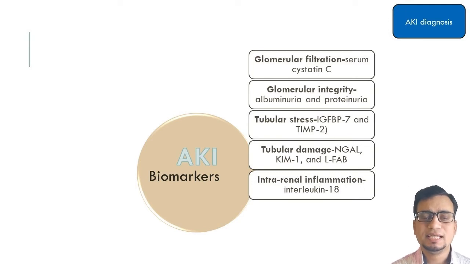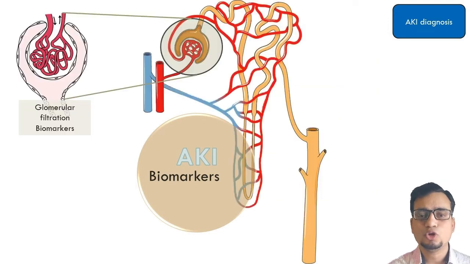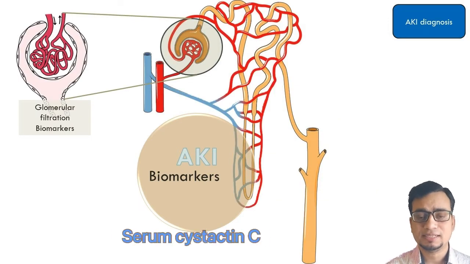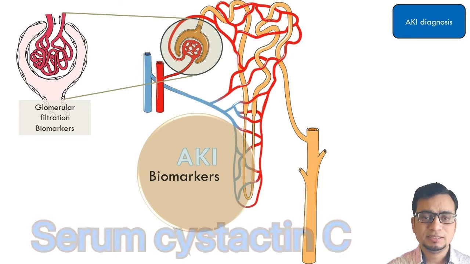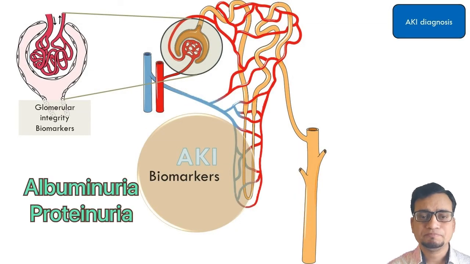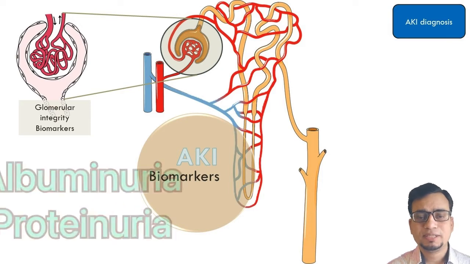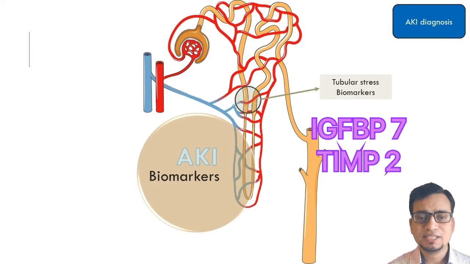Biomarkers for AKI can be stratified into markers which primarily reflect the glomerular filtration, like serum cystatin C. Some markers reflect glomerular integrity, like albumin and protein in urine. Another set of biomarkers predict tubular stress, for example IGFBP7 and TIMP2.